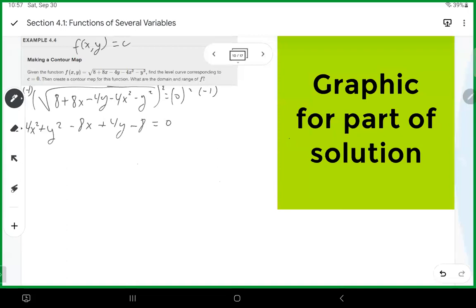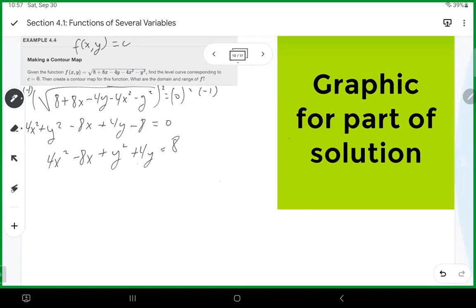Okay. So now we want to rearrange the terms by putting the x terms together, y terms together, and then we want to move the -8 to the other side. So we're going to have 4x squared minus 8x plus y squared plus 4y equal to 8.